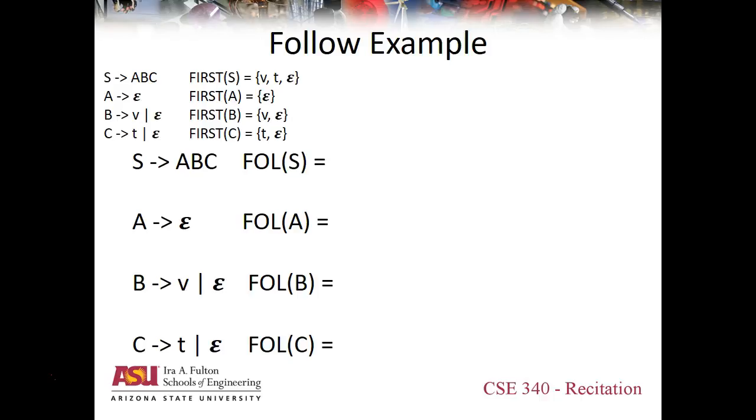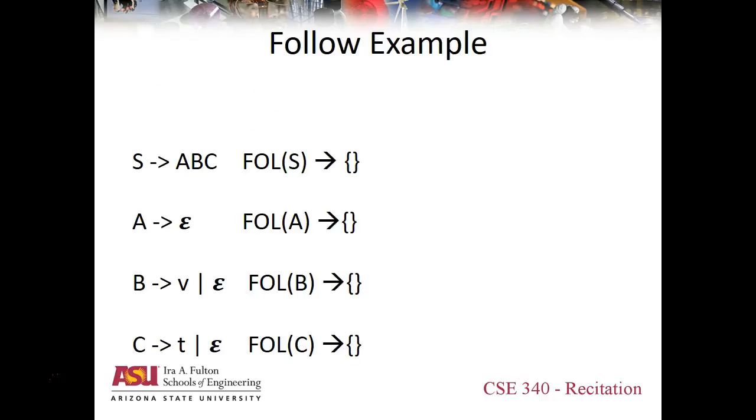So what do we start with when we're doing follow sets? What do we do? Yeah, what do we do before that? Empty sets. So we do the empty sets, and then we add the end-of-file symbol to the follow of S. So that was right, I was just being nitpicky.